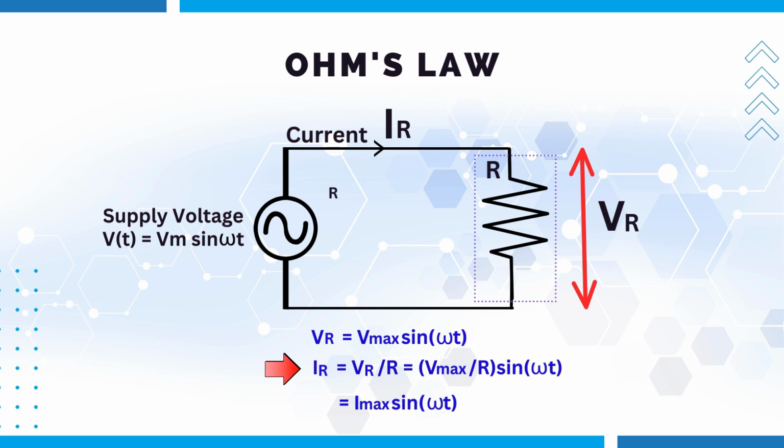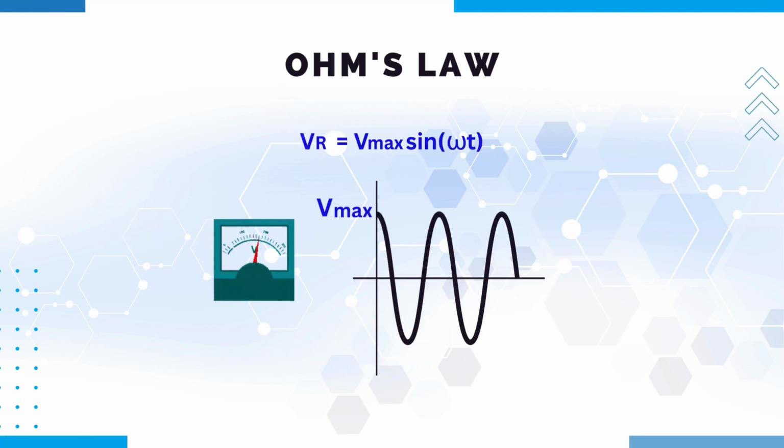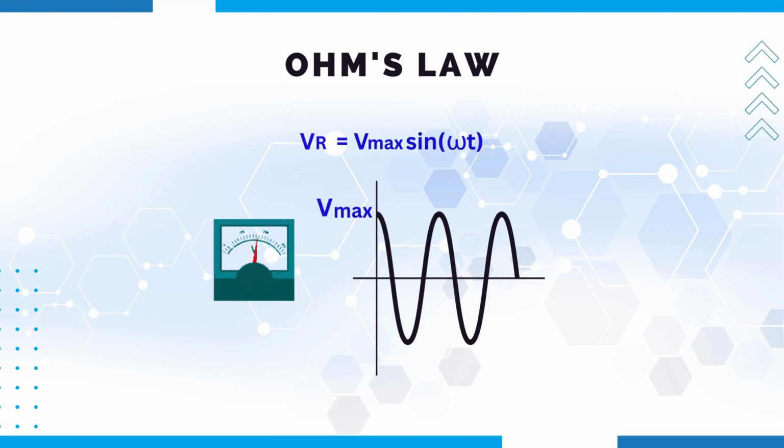In our circuit, we have an AC voltage supply and a resistor. The voltage across the resistor, denoted as VR, is given by the equation VR equals Vmax times sine of omega t. Vmax is the maximum voltage and omega t accounts for the angular frequency and time.